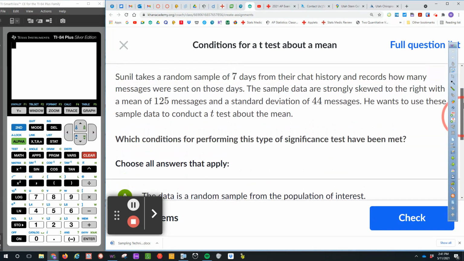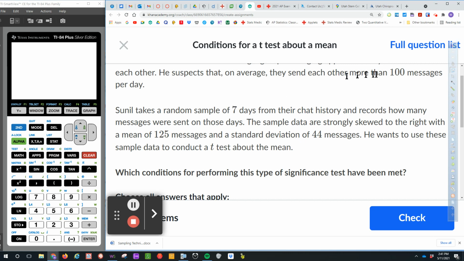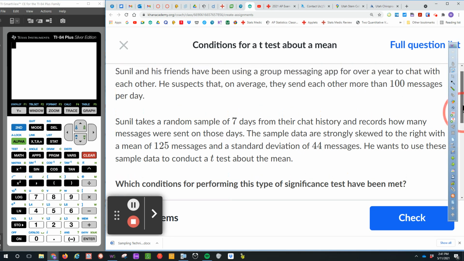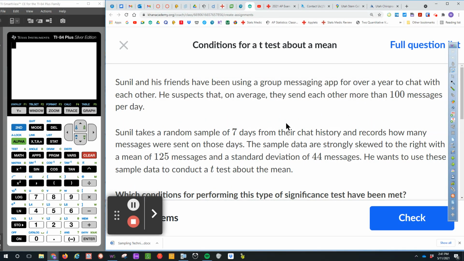All right. Since sample size is 7, we're assuming the population size is more than 10 times the sample size. So if you multiply 7 by 10, that's 70 days.